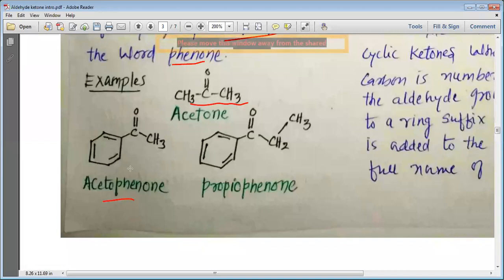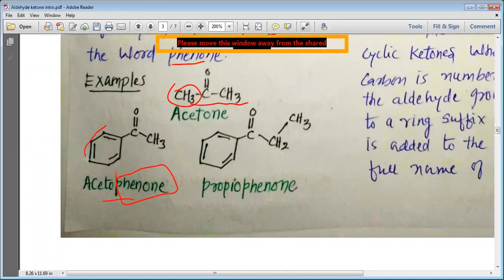You can see here the word phenone is added. This CH3 group is replaced by the aryl group, and that is why it is known as acetophenone. Aceto is there, and then we have added phenone.